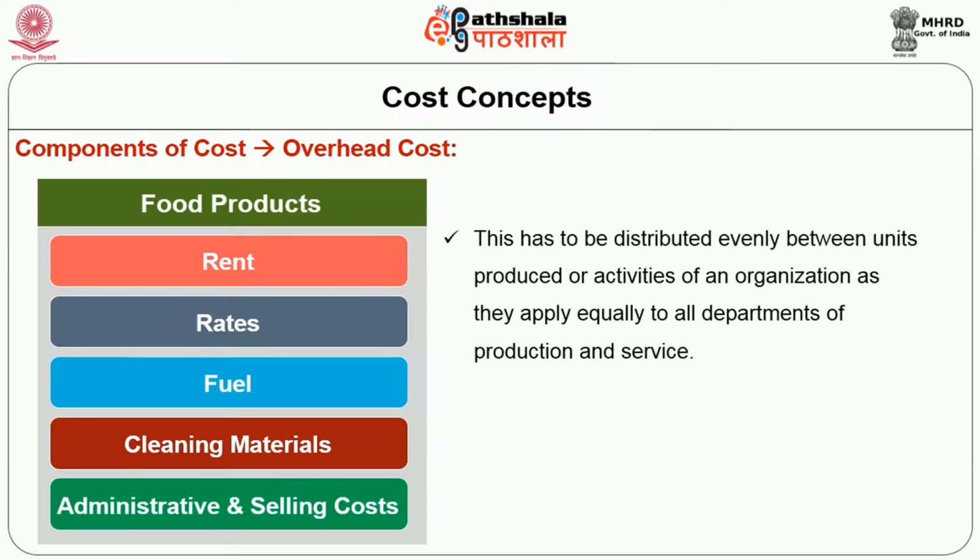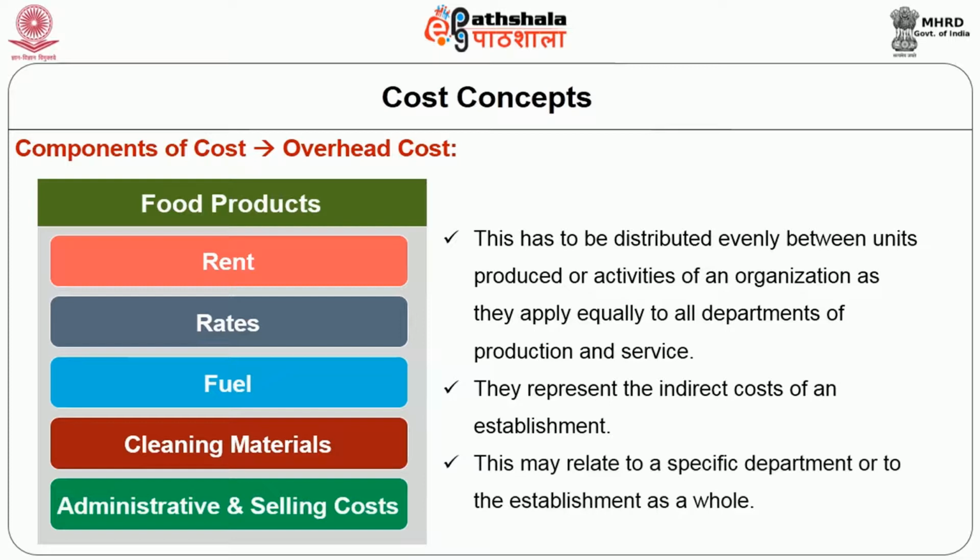Overhead costs, therefore, have to be distributed evenly between units produced or activities of an organization as they apply equally to all departments of production and service. They represent the indirect cost of an establishment. Overhead cost may relate to a specific department or to the establishment as a whole.